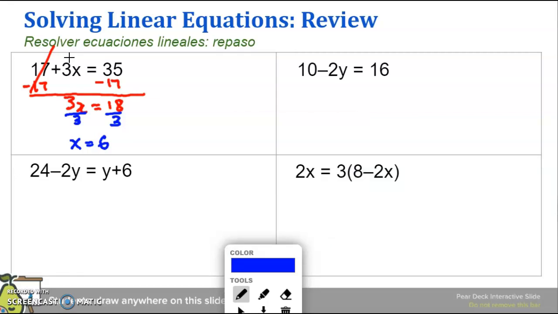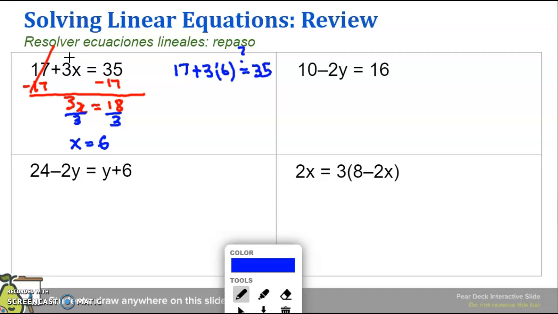Okay, now when you have found your solution, it's really important that you go back to your original equation to make sure that your solution is correct. How do I do that? You just substitute this back into the original equation, and that becomes 17 plus 3, and instead of x, I am going to put 6 that we think is the solution, and we're asking ourselves, is this equation true?